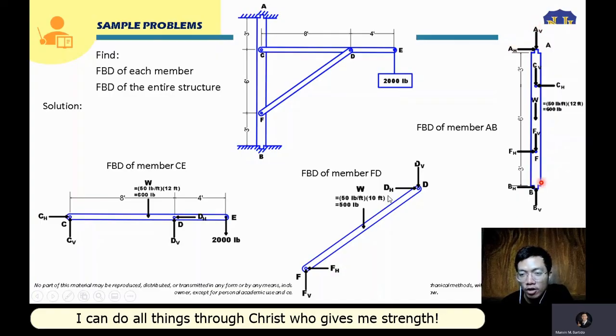For the pivot at B, we will assume that your BH will be directed to the right also, and for BV, we will assume that it is directed upwards. Again, we will just prove these assumptions right or wrong in our solution. So it's okay if we make a wrong assumption here. In this case, this will now be the free body diagram of member AB.